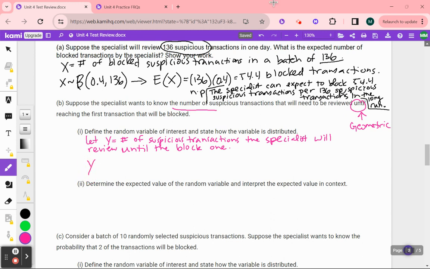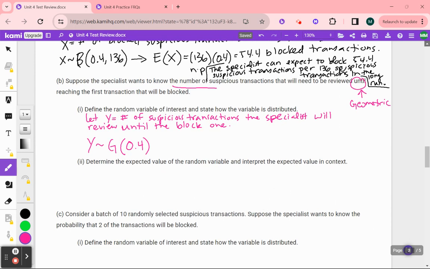And Y is geometrically distributed, and the probability that any given suspicious transaction will be blocked is 0.4.